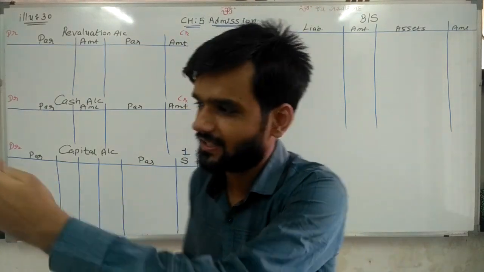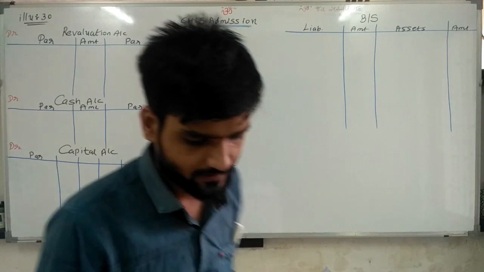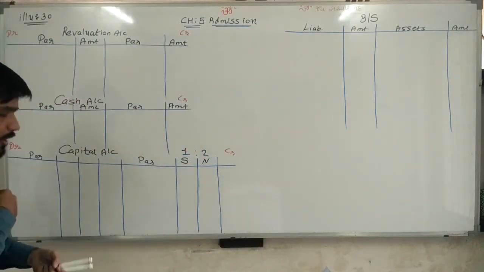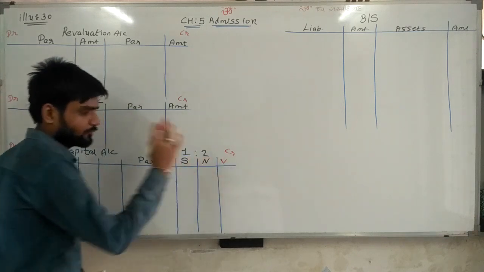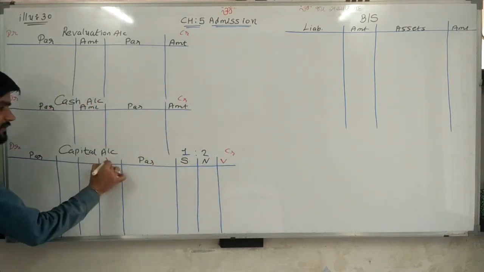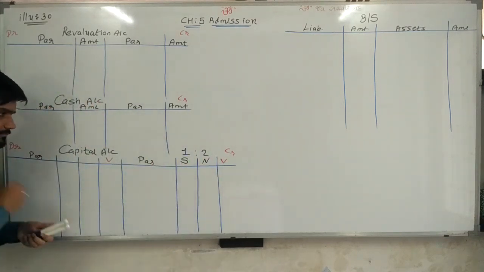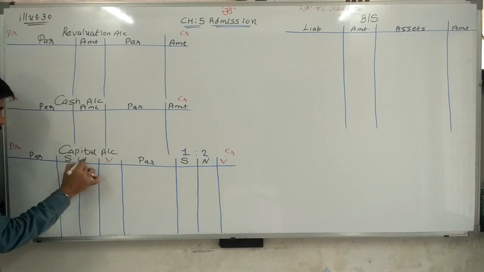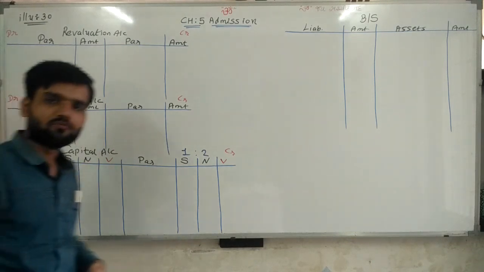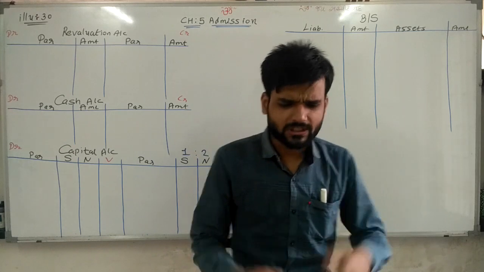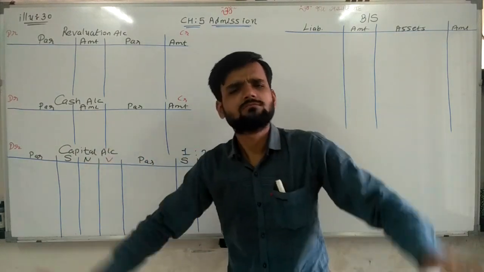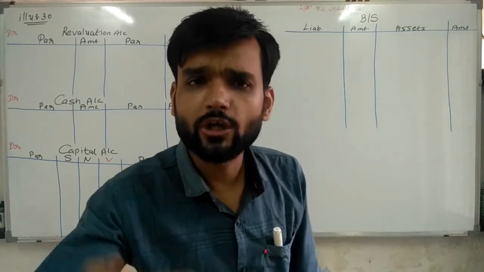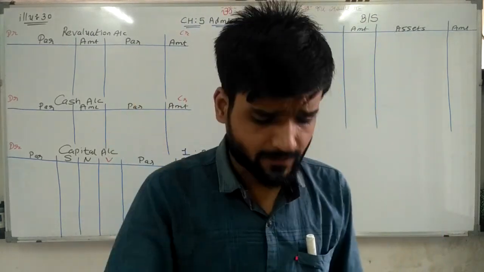Now a new partner is admitted, and the name of the partner is Vijay. So we write V, the third partner. S and V. Now whatever names are given, S and V are the partners. That's it. Going ahead. First adjustment.